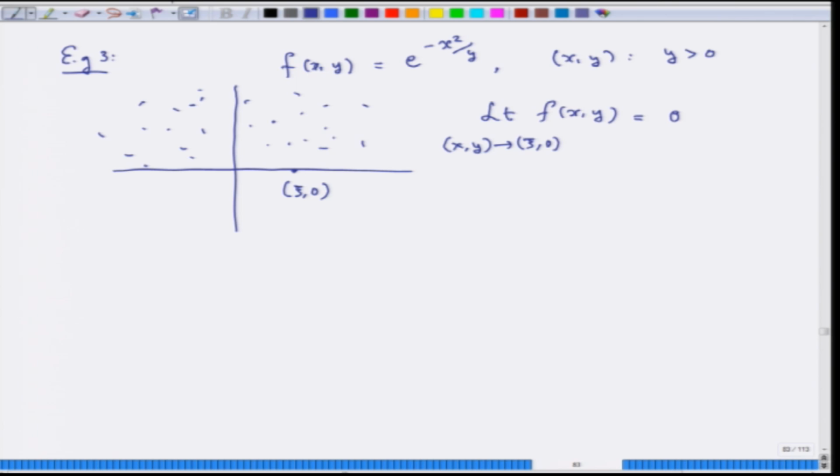So, you can redefine the function. This is the case of a removable discontinuity.